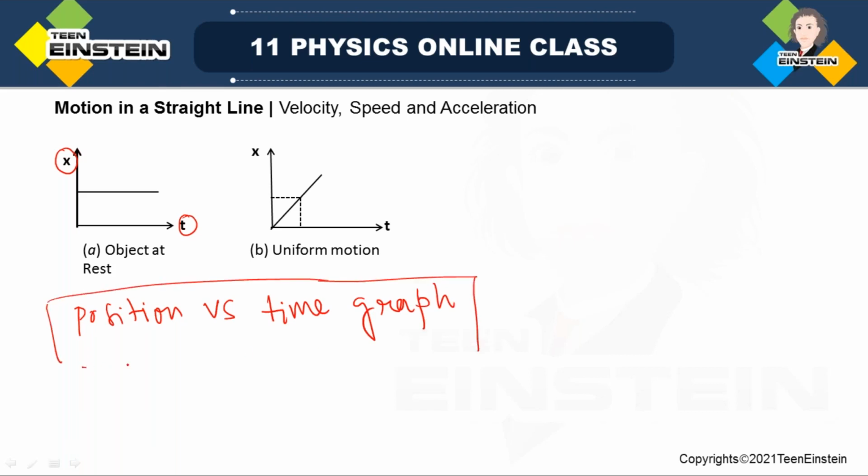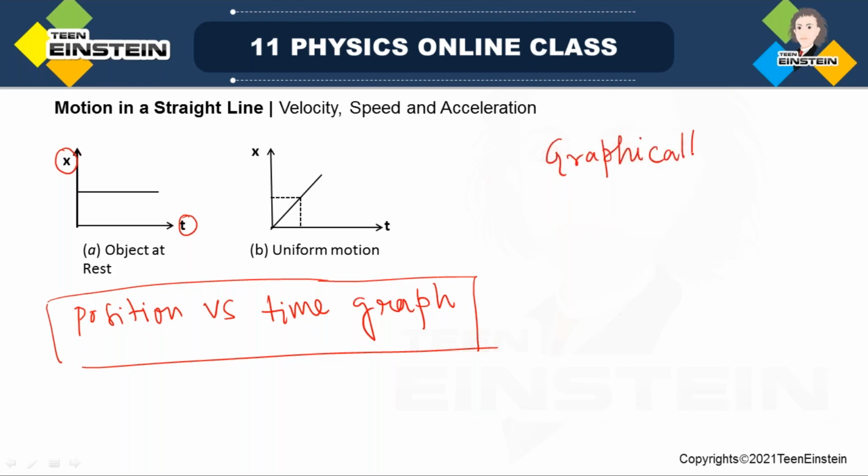So whatever parameters we learn over here, whether it is velocity, position, displacement, then acceleration, etc., we'll try to find out some relationship with time and displacement. We'll be trying to represent them graphically. So graphical representation is very, very important.